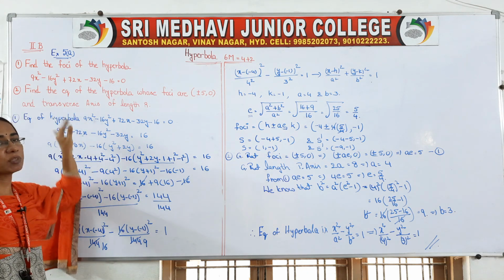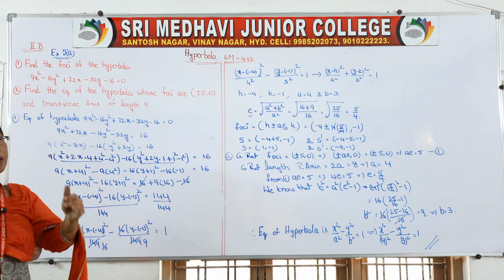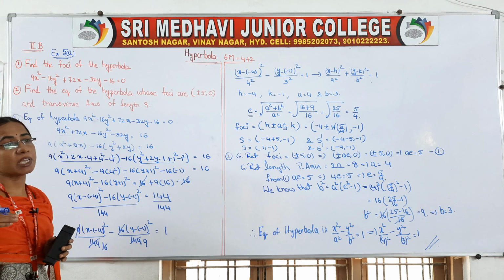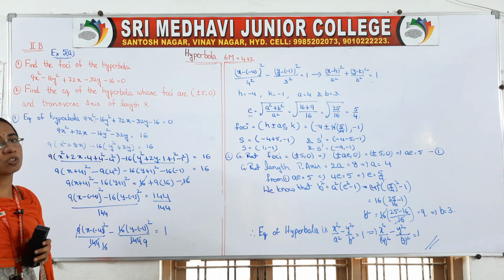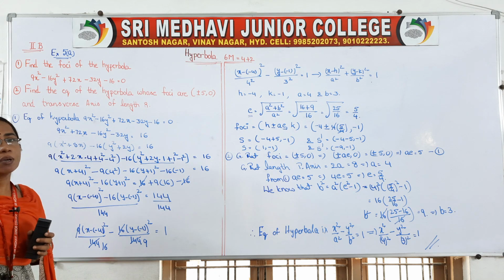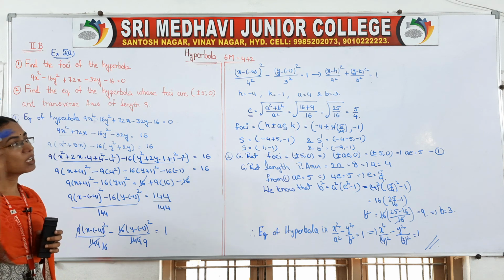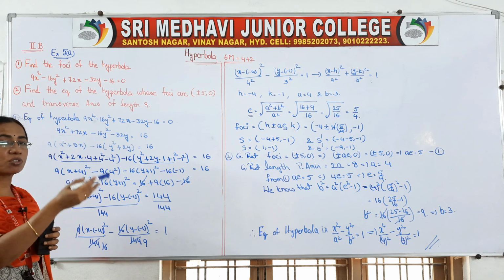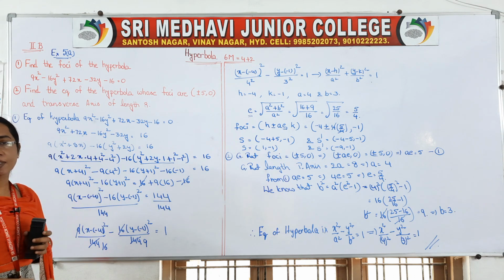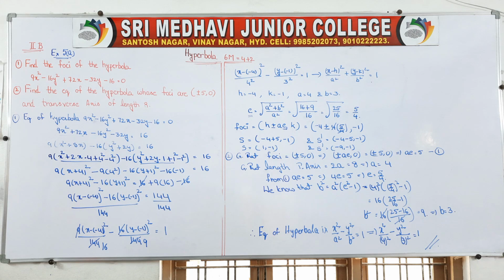First or second case means x square by A square minus y square by B square is equal to 1, or x square by A square minus y square by B square is equal to minus 1. Okay. So to write that form, we need A and B values. From the given condition, try to get your A and B. Once you got your A and B, write the standard hyperbola equation.